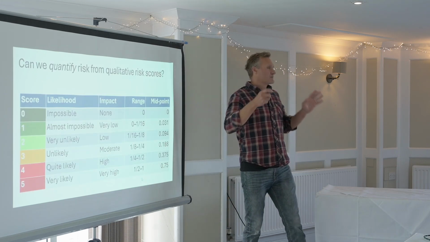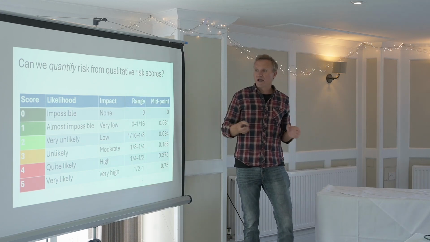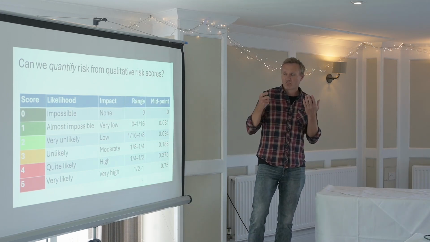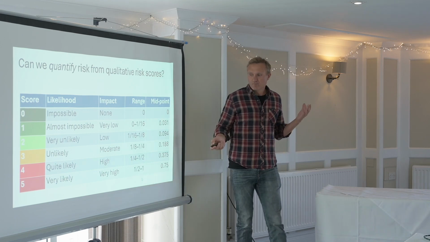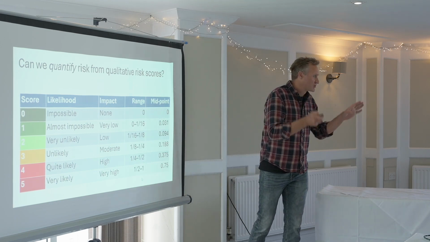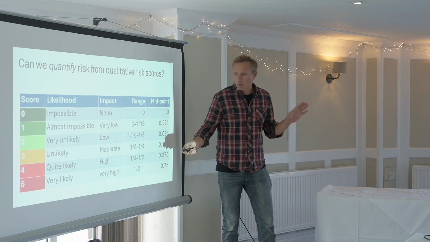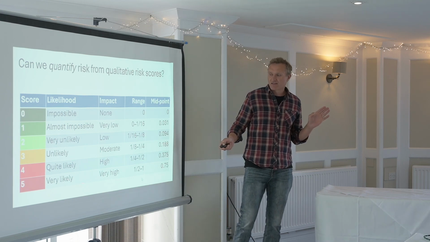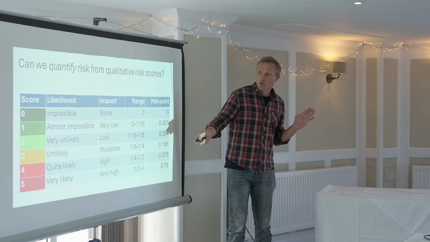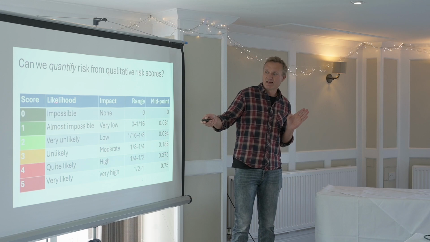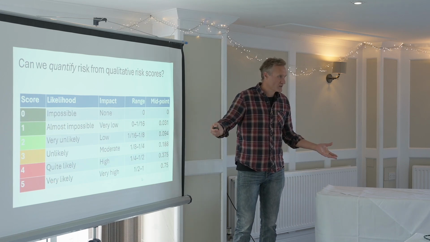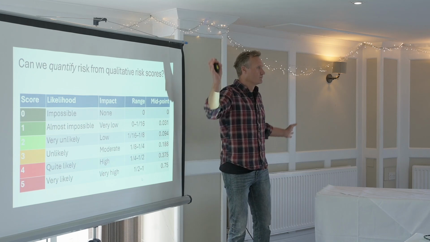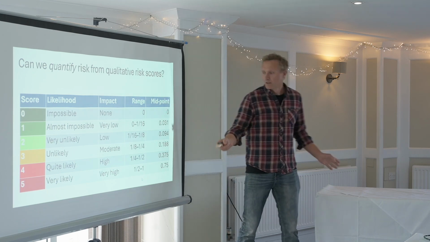So now we get to this point of trying to convert it to a quantitative risk and impact. So going back to the ash dieback, what we can say is that if we say a score of 5 means a very likely arrival and spread across the UK. So remember, ash dieback spread through the UK within about 5 years.